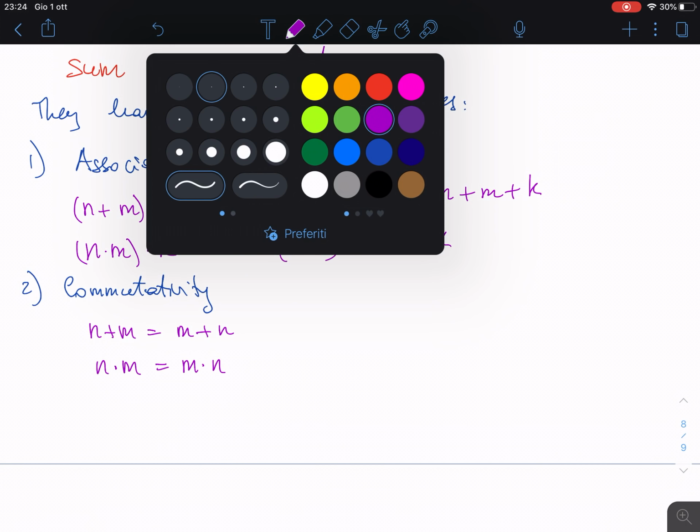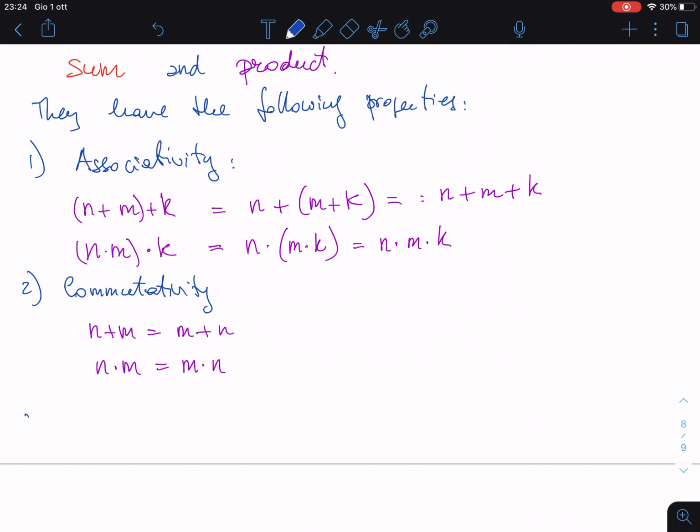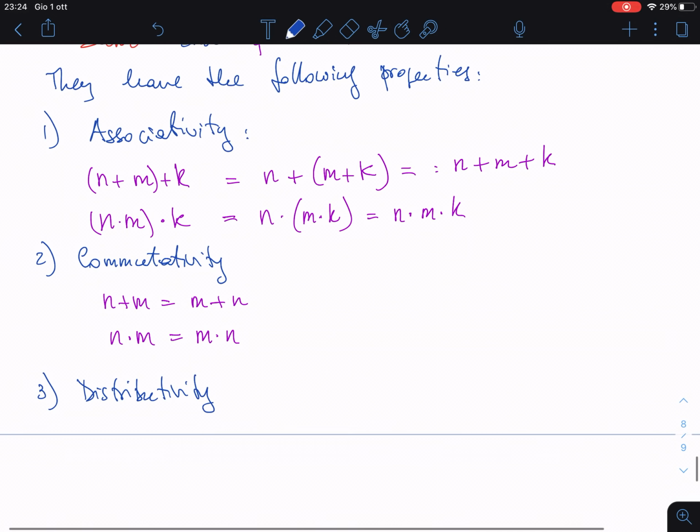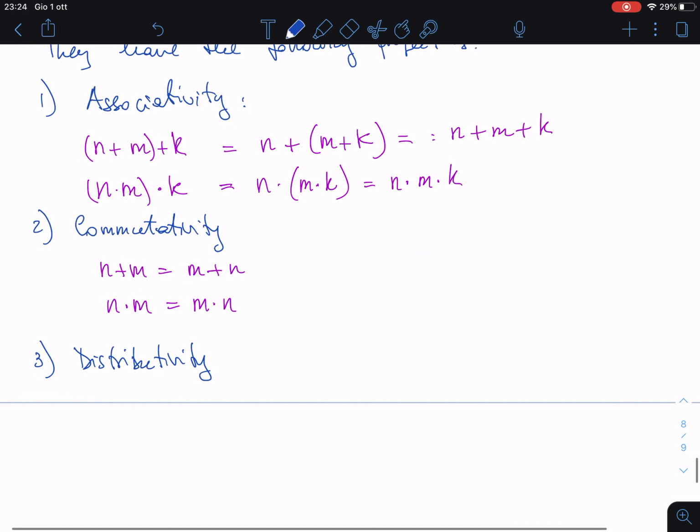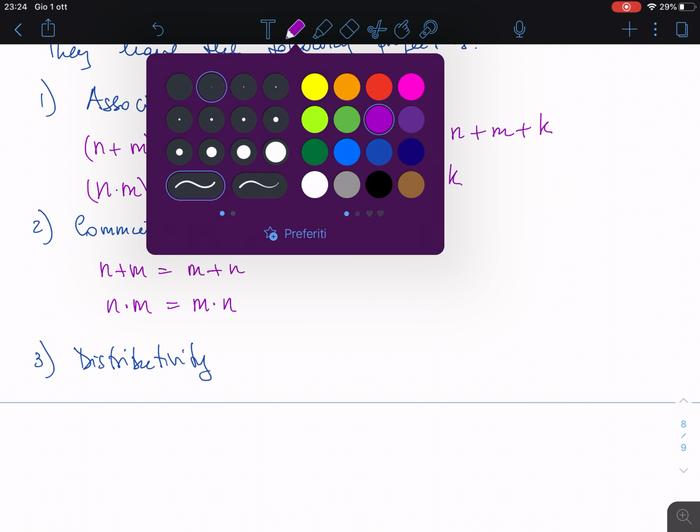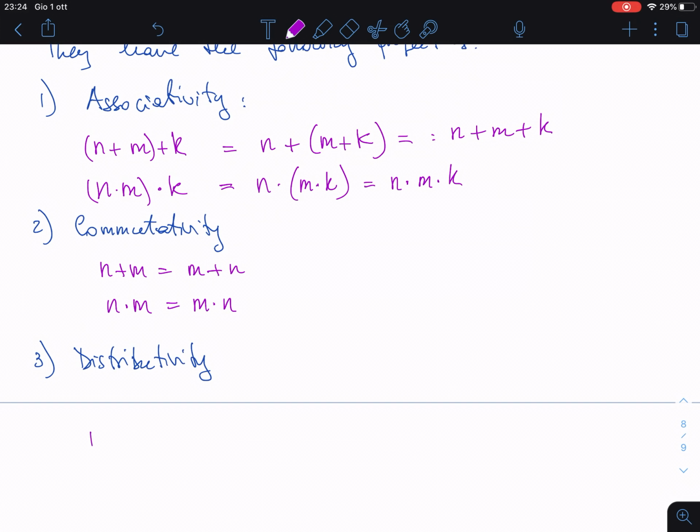And the third is distributivity. Distributivity is the following property: n times (m plus k) is equal to n times m plus n dot k.